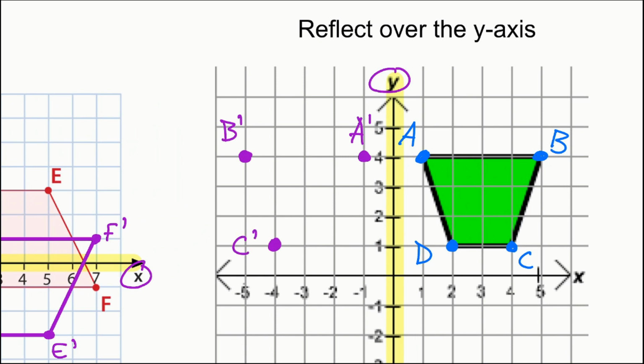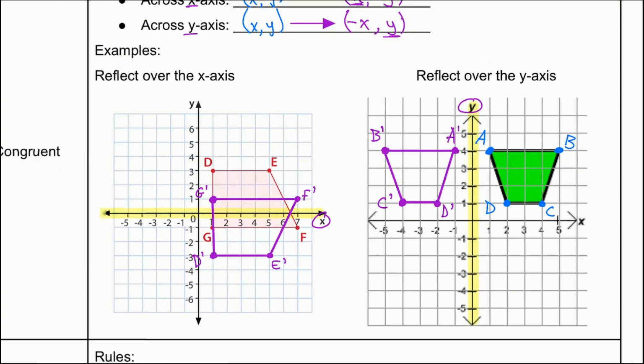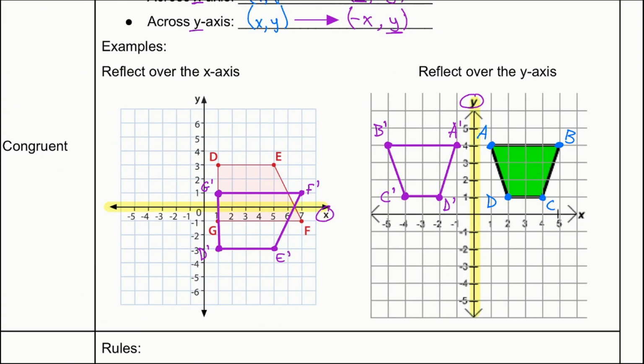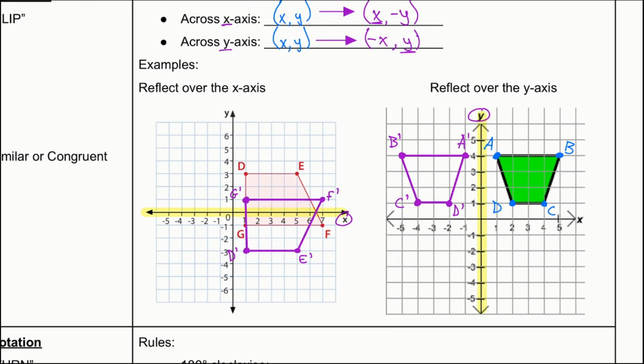And then D is 2 units away. So D prime should be here. And there we have it. Okay, that's going to be our reflection.